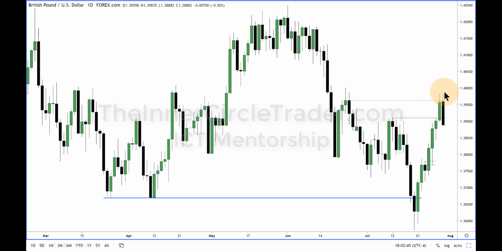I'm going to zoom in on this in a moment, because that's our consequent encroachment of the gap on this wick. We traded up through it and then completely gave up the ghost after taking that. So we're going to see what we see in regards to continuation or altogether rejection on this area up here. If we do rally more, keep your focus right there.